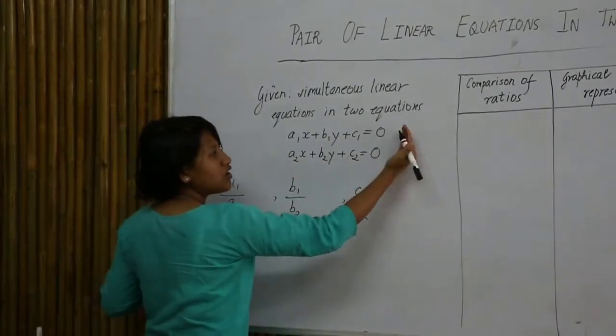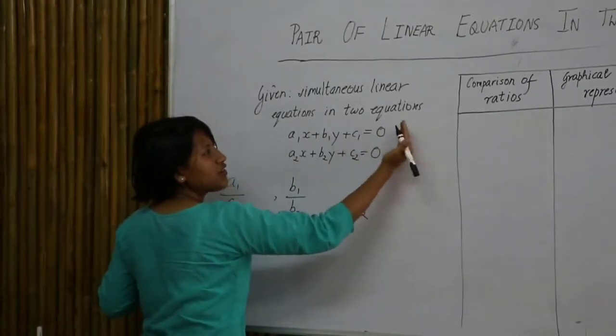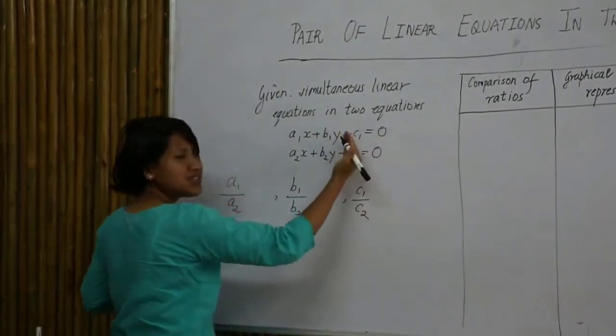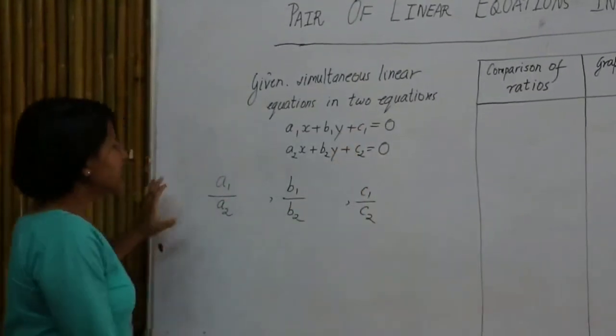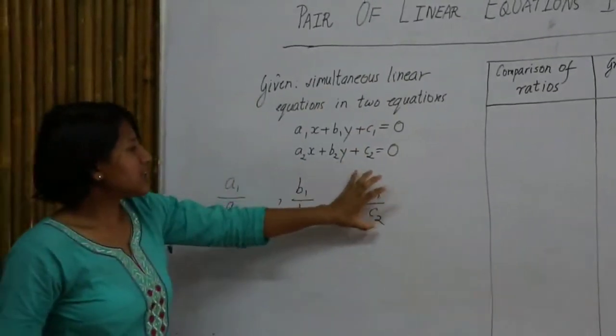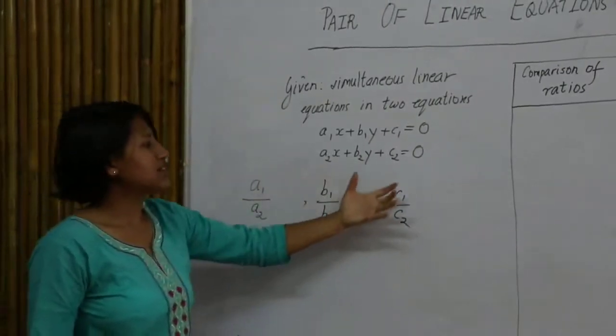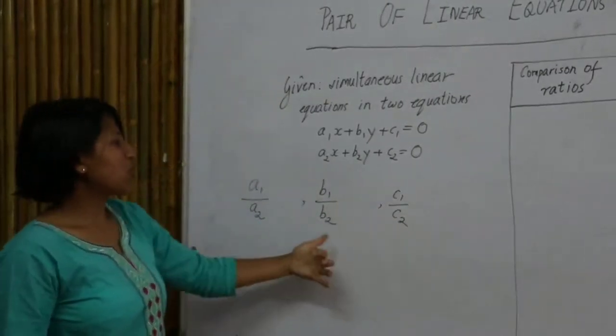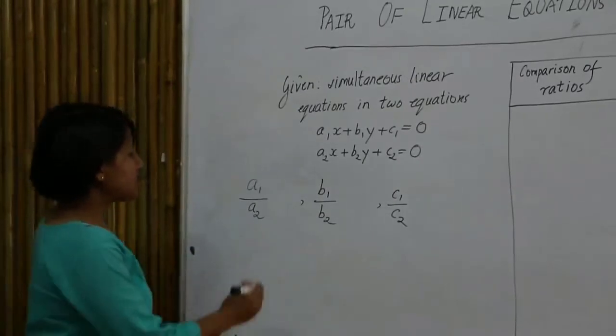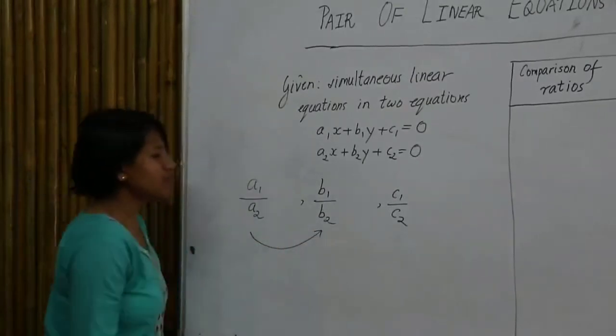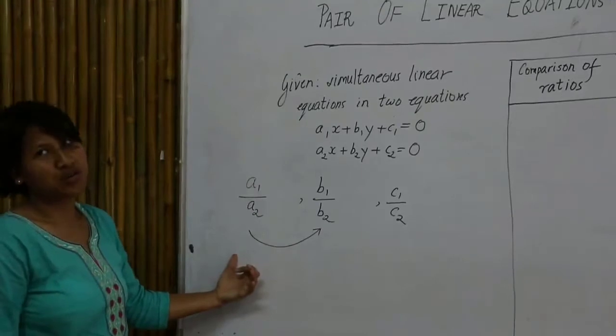And remember, transfer the constants or whatever terms lie on the right hand side to this side. Then after taking the ratios for A1, A2, B1, B2 and C1, C2, you compare. You compare first this with this. Are they equal or not equal?